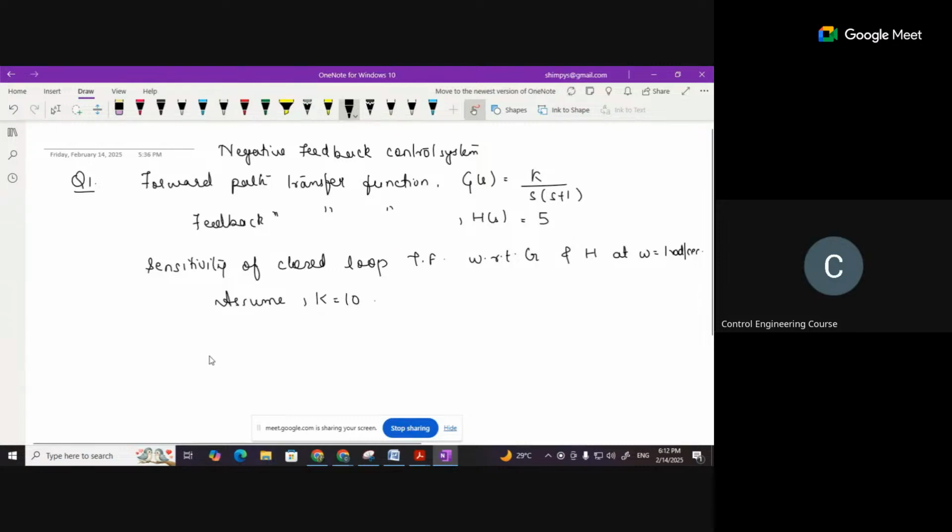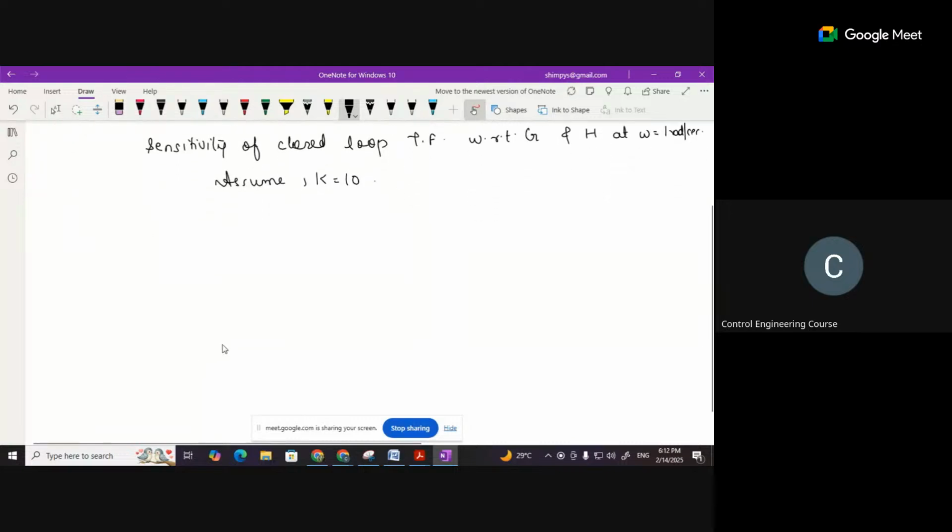So you know that when we have a closed loop transfer function, how do we define the sensitivity of that? What will be the sensitivity of the closed loop transfer function?